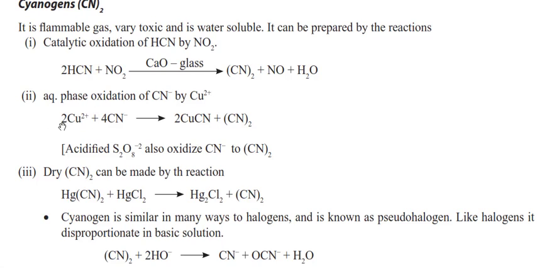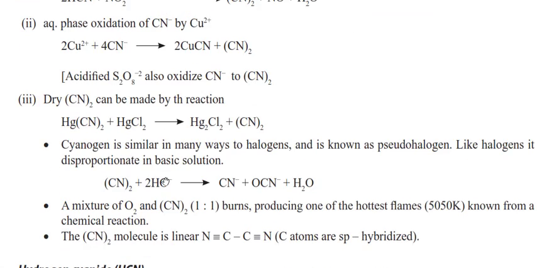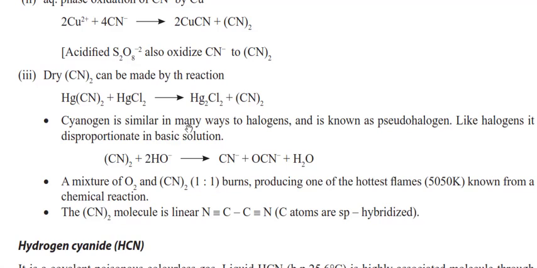Similarly, from metals, you can react copper and cyanides and produce cyanogen. It can also be made from dry CN2. So cyanogen behaves in similar ways to a halogen, and that's why it is known as a pseudo halogen.